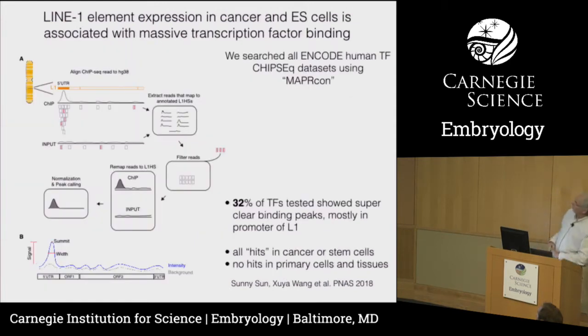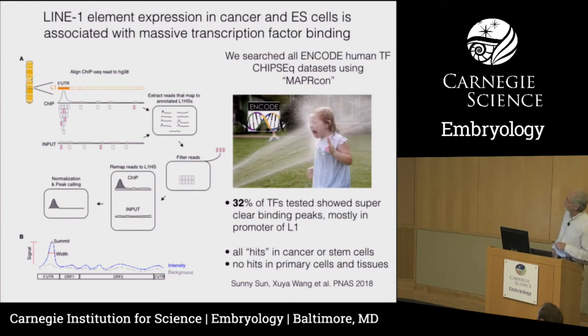So this came out of a larger experiment to do what I call drinking from the fire hose. We searched an unbelievable number of data sets in the ENCODE, every human transcription factor and chromatin data set that was deposited.